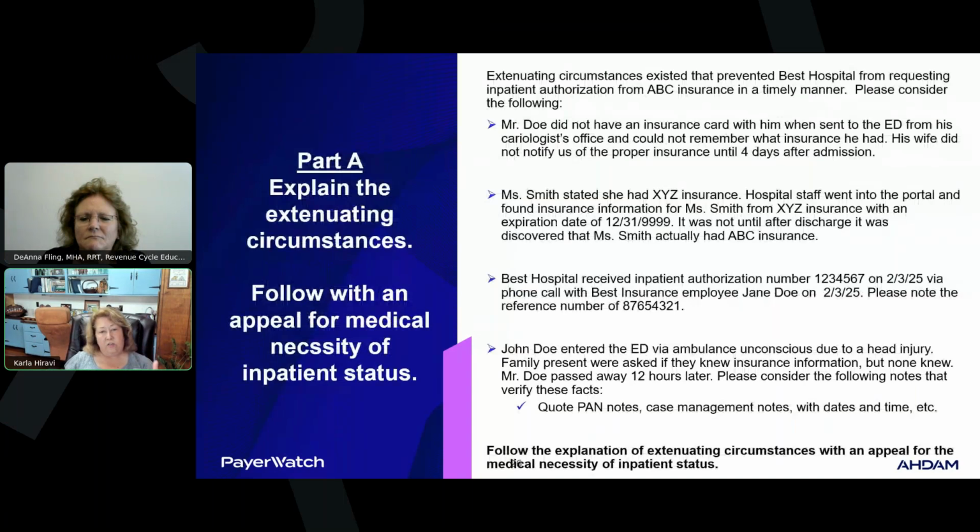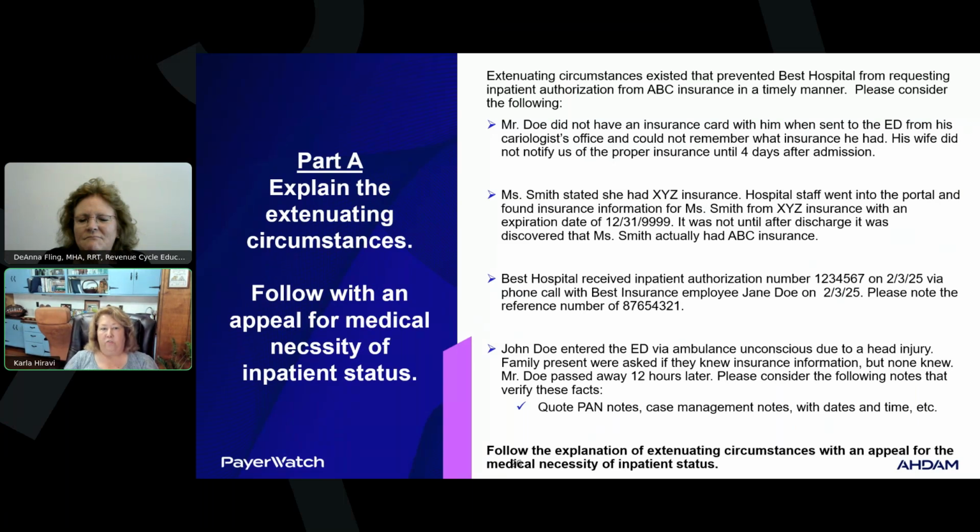These are some examples of how you might explain these extenuating circumstances. We've heard you loud and clear, over the past couple of webinars, that you want to see actual wording about how to appeal. So this is some actual wording that you can use for different situations.